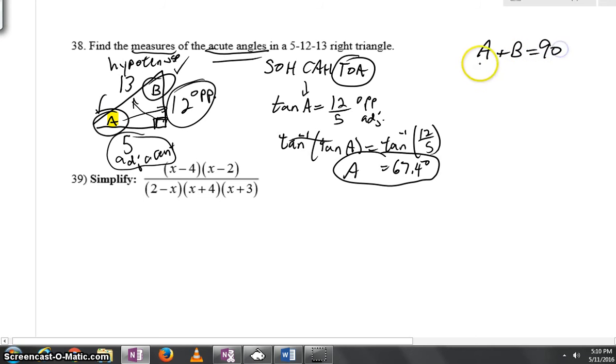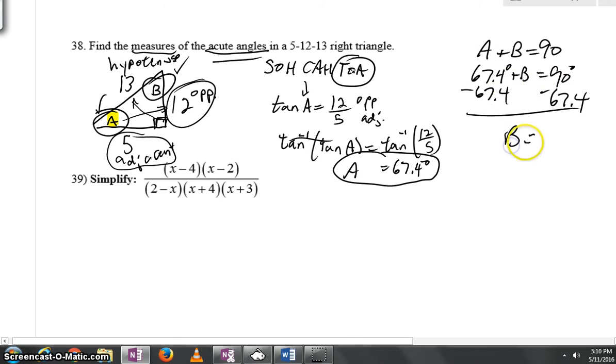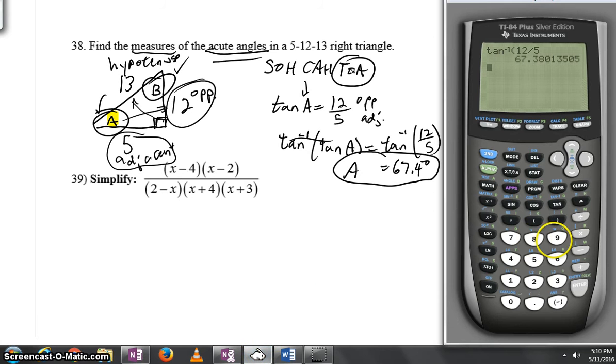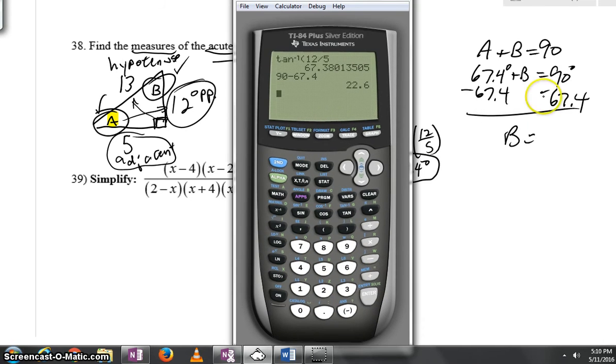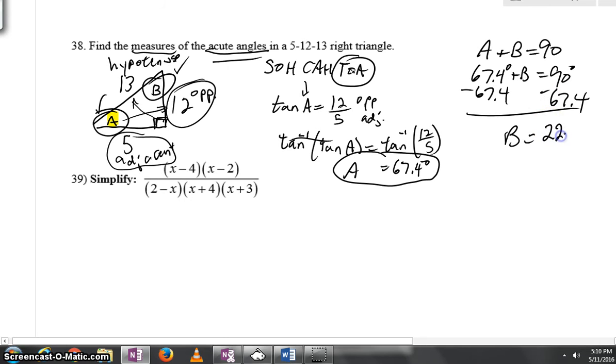Right now, you know that angle A is 67.4. So just saving yourself a little bit of work, you could very quickly just type in 90 minus 67.4 and get angle B's measurement without even needing trig at all. You'd get 22.6 degrees. So either way, you'll wind up with these two measurements.